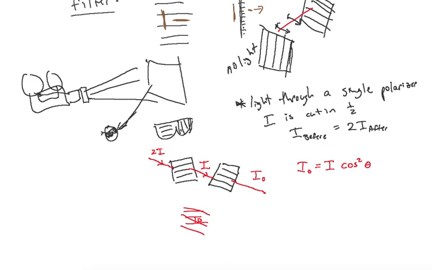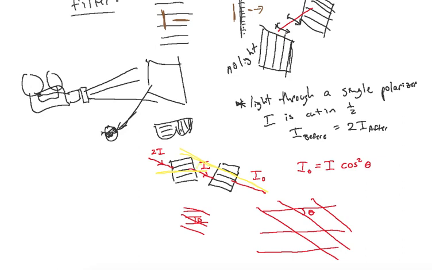One's polarized this way and the other's polarized this way at an angle to it, where this angle between the polarizers is the angle theta. It's that angle theta between the direction of the polarization. So this is polarized this way, this is polarized this way, and so what we're interested in is that angle between them. And that's that cosine.